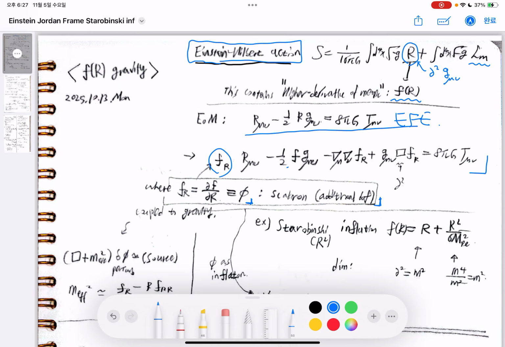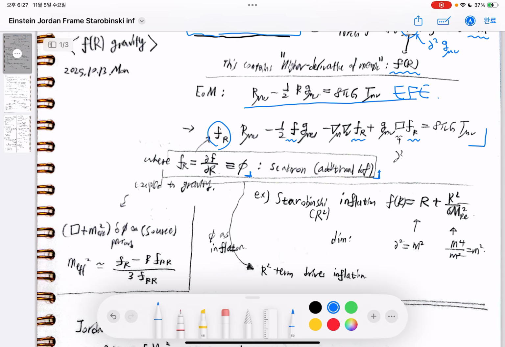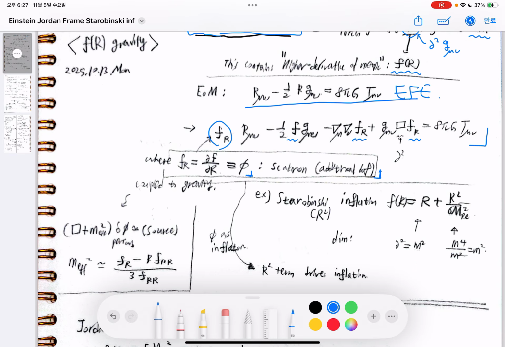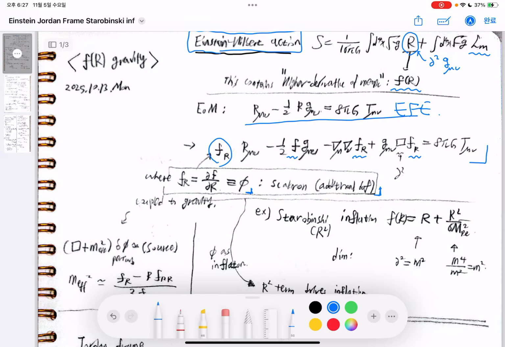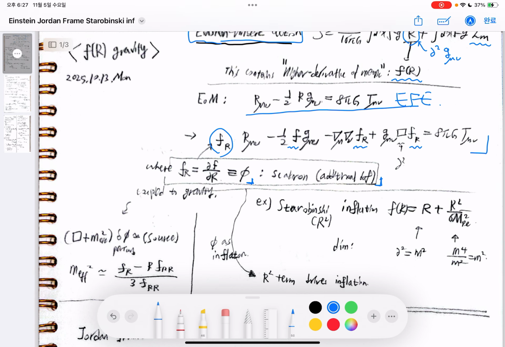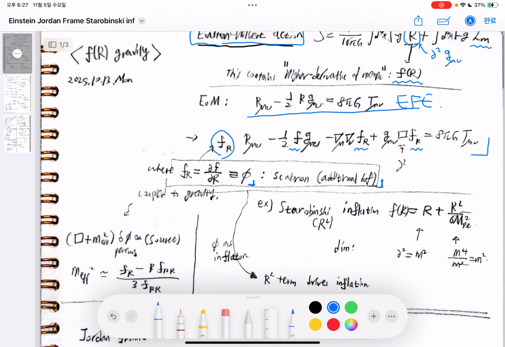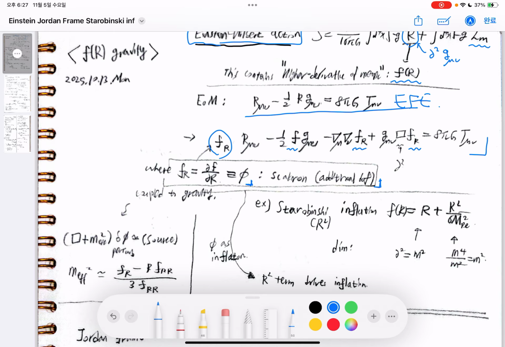And also there's f and f_R in here. The inside of f means the coupling of gravity to other fields or particles. The well-known example of such gravity and its application is Starobinsky inflation.